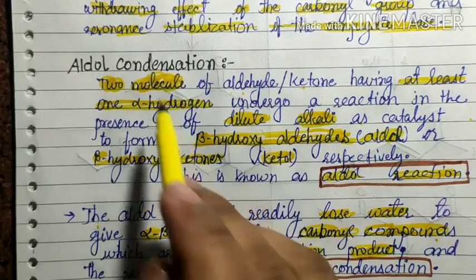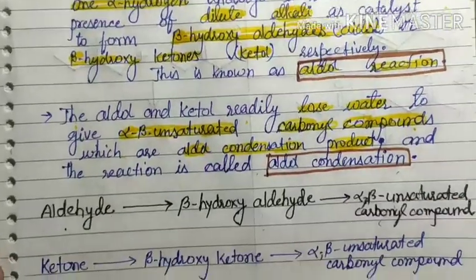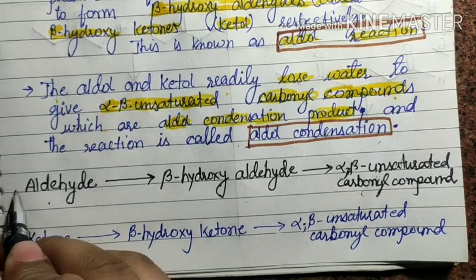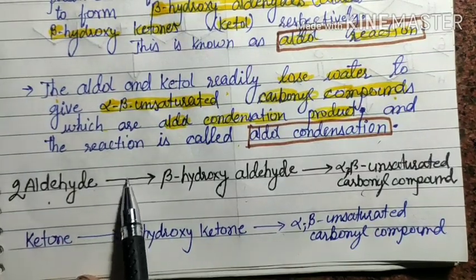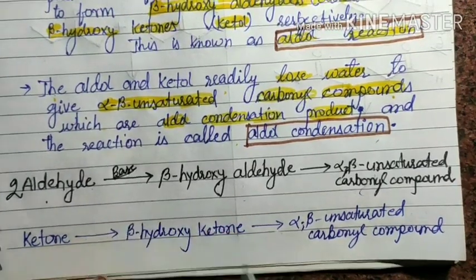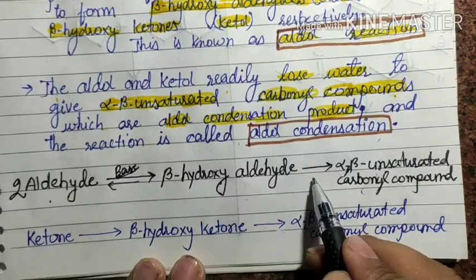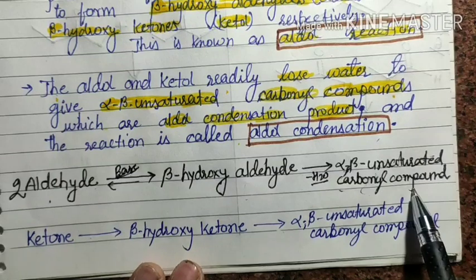So the statement written here, we now write in picture form. In picture form, two molecules of aldehyde react together in the presence of base, in equilibrium, to give beta hydroxyaldehyde, and after losing water it gives the alpha beta unsaturated carbonyl compound.